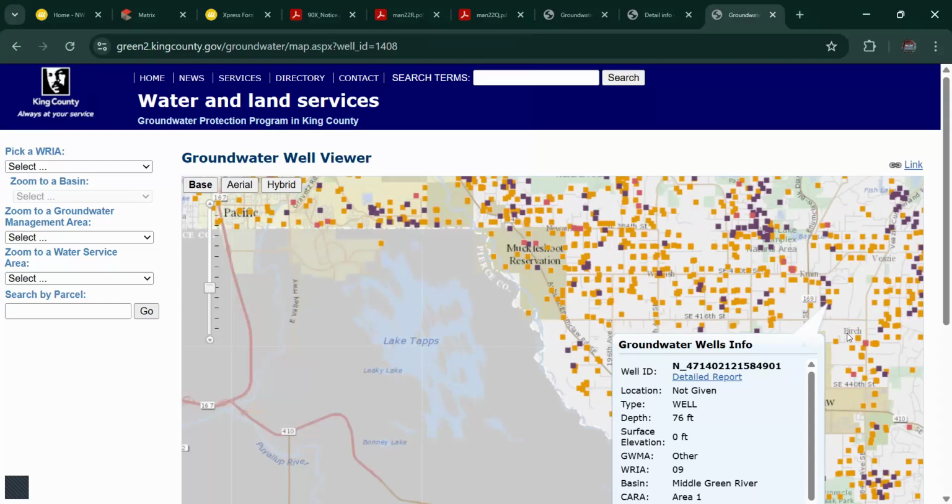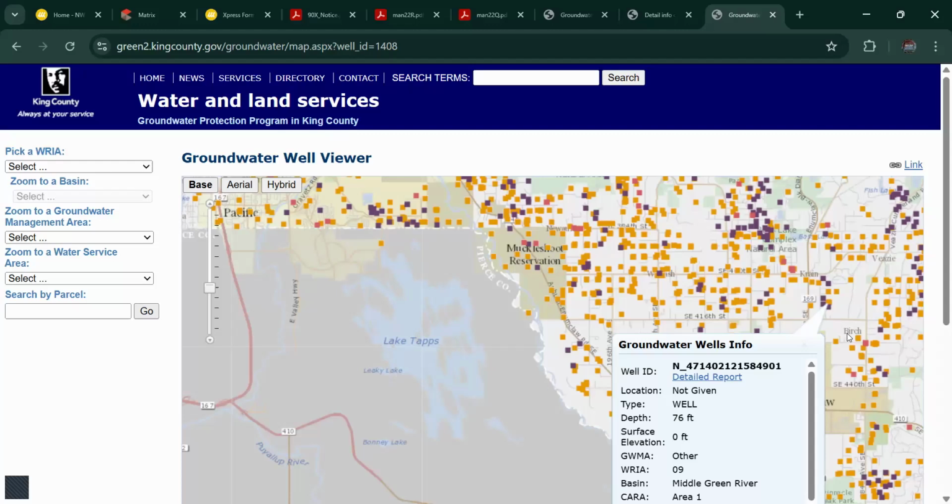I don't think there's the same push in Pierce County to get off wells and septic that there is in King County. I think in this area it's still pretty rural. Definitely, Auburn and stuff. It's very similar to the septic system maps that they have.